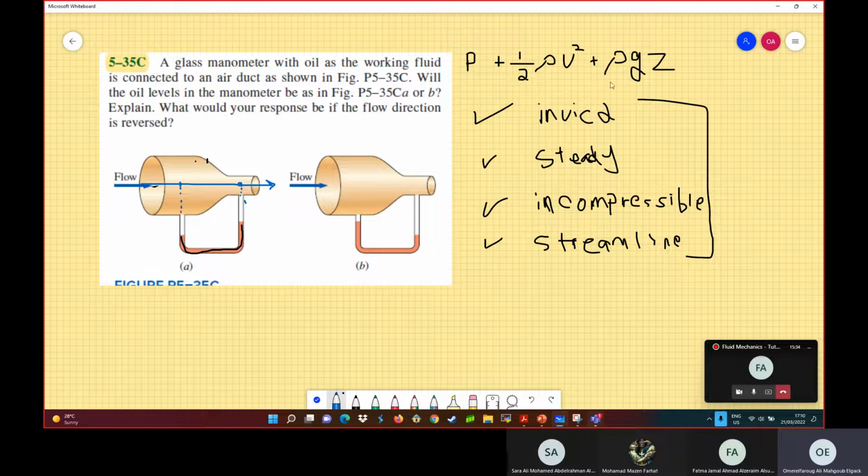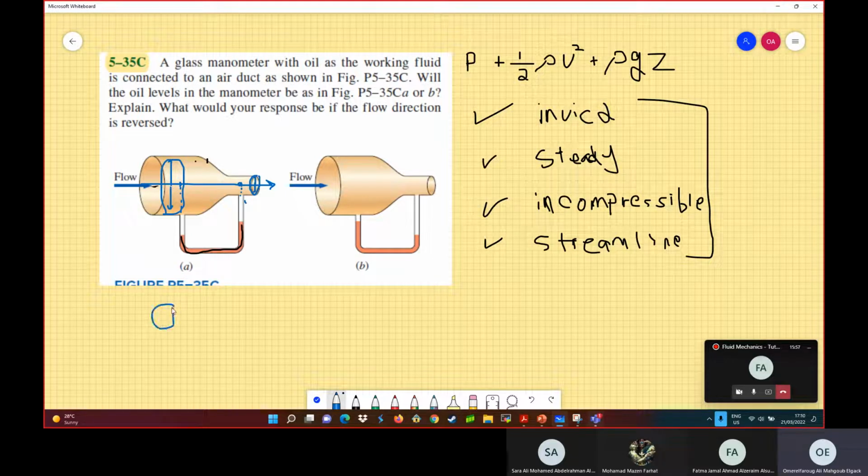Okay, we don't have numbers here to substitute. We will just look at the question here. Here the area is higher, right? The cross-sectional area is higher compared to the area here, right? Or here, the same thing. And if the cross-sectional area is higher, you know that the velocity will be lower, right?